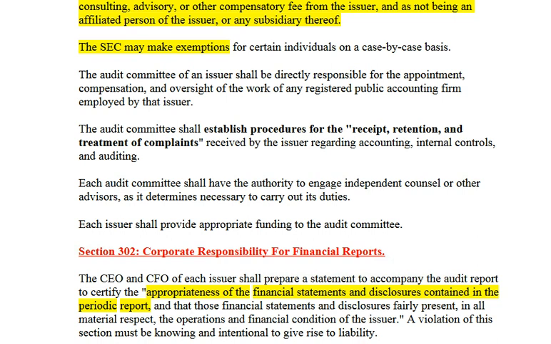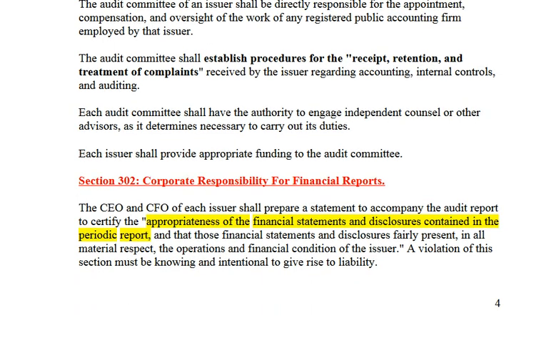The audit committee of the issuer shall be directly responsible for the appointment, compensation, and oversight of the work of any registered public accounting firm employed by that issuer. The audit committee shall establish procedure for the receipt, retention, and treatment of complaints received by the issuer regarding accounting, internal control, and auditing.